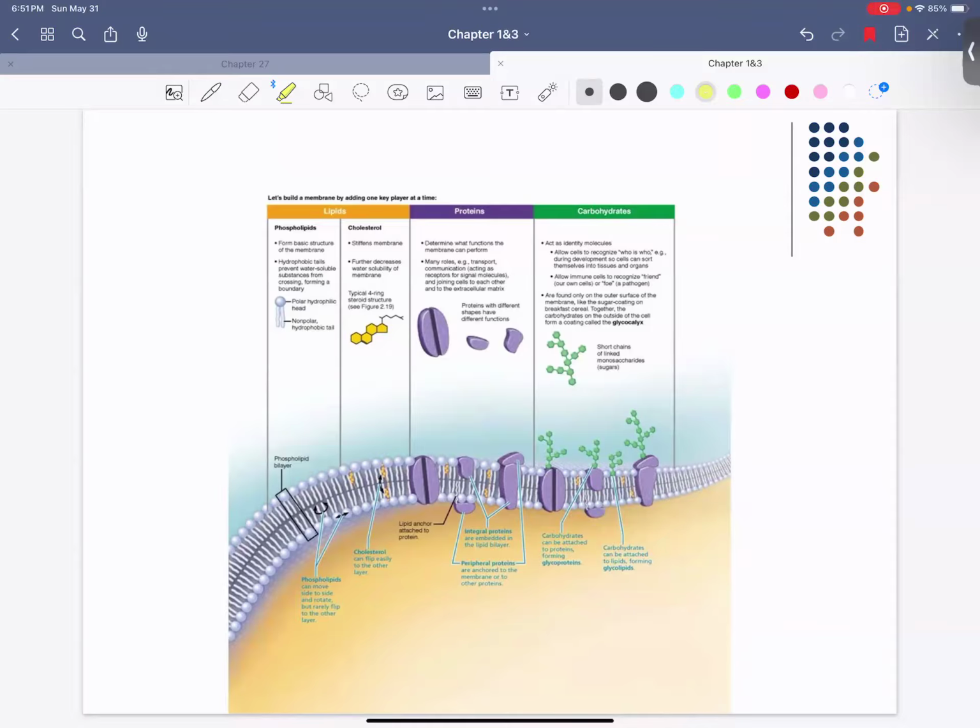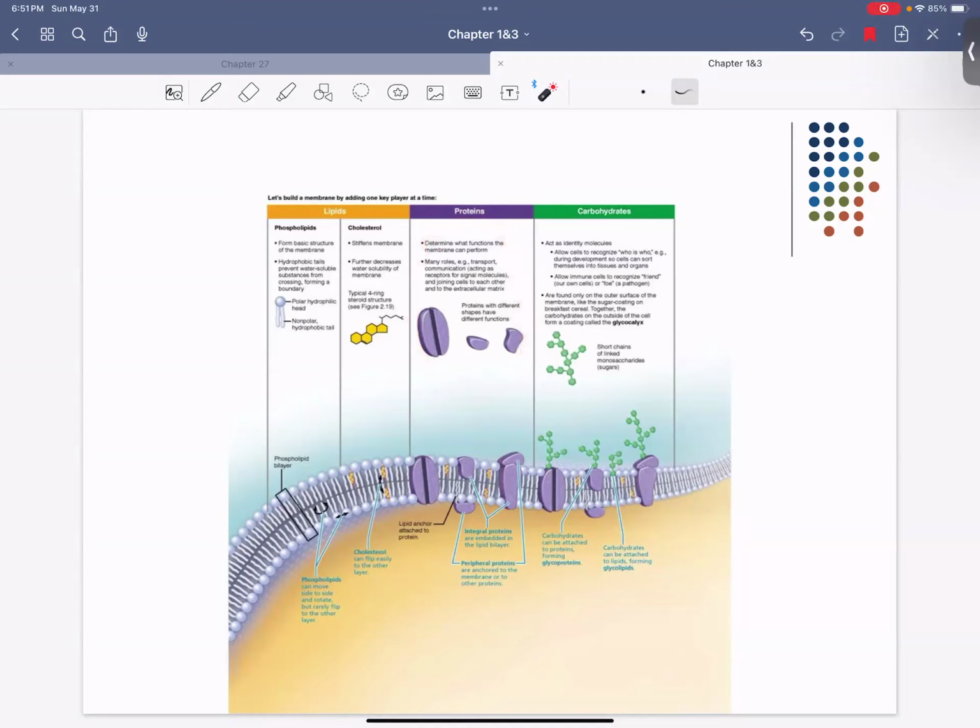It's mostly lipid. Lipids are fats, and you know that fats can solidify. So interspersed among the phospholipids of the membrane are cholesterol molecules, which keep the phospholipids from packing together and the membrane from solidifying. There are proteins interspersed throughout the phospholipid bilayer.